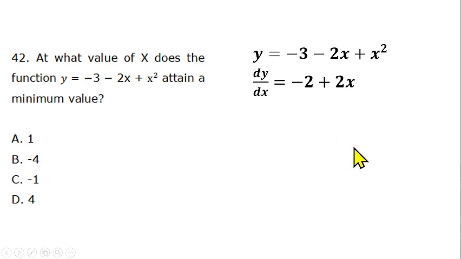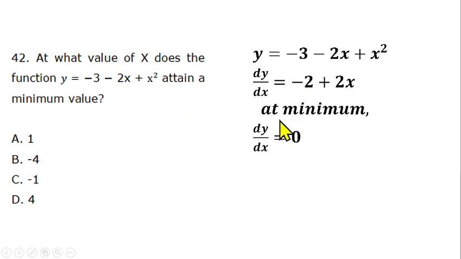We know that this will attain the minimum value when the differentiation of this function, when the gradient of this function, is equal to 0. So that means we need to differentiate this. Differentiating this, minus 3 gives us 0. Differentiate minus 2x, that gives us minus 2. Differentiate x squared gives us 2x. So at minimum value, dy/dx is equal to 0. So put that here.